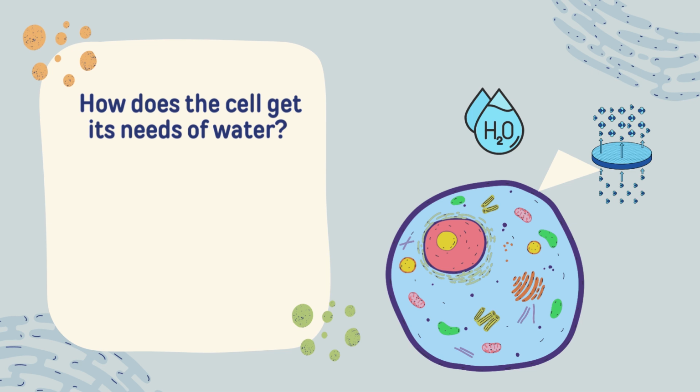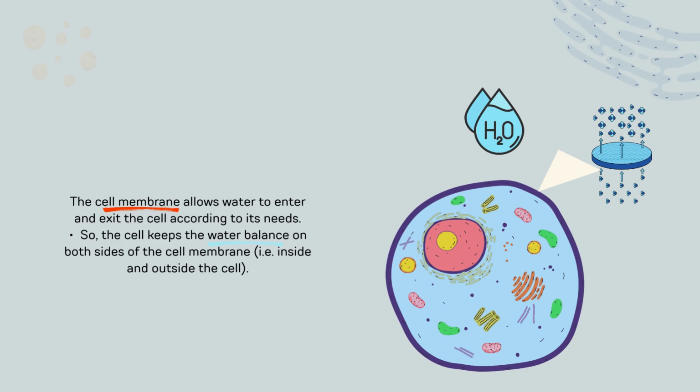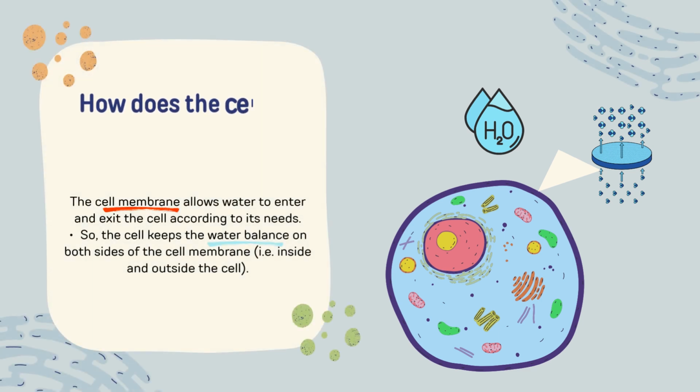Which part is responsible for letting water into the cell? Yes, the cell membrane. The cell membrane allows water to enter and exit the cell according to its needs. If the cell doesn't want water anymore, the cell membrane will allow the water to go out from the cell.